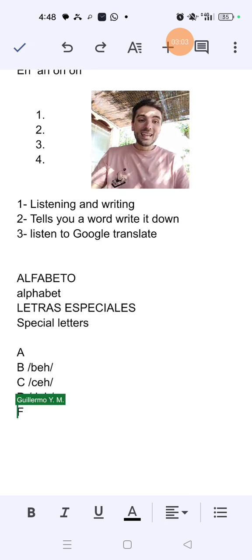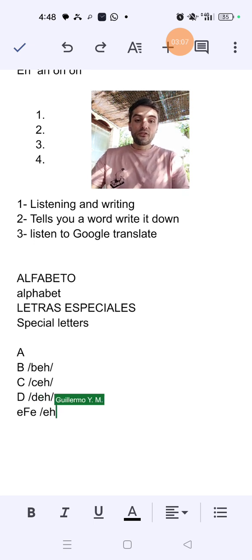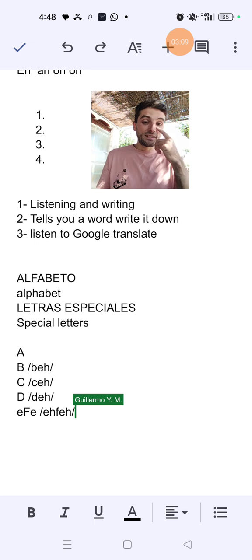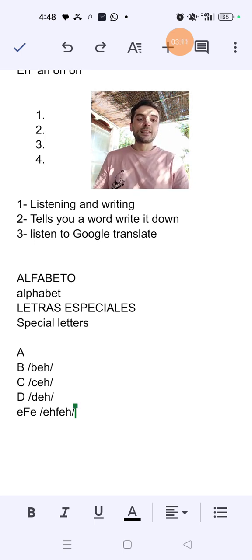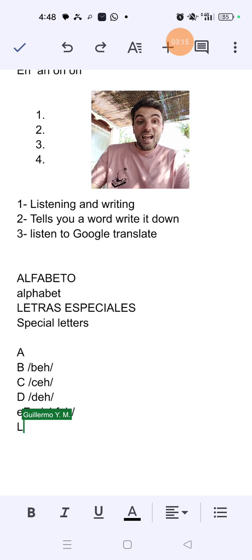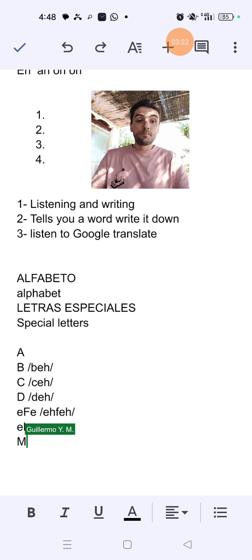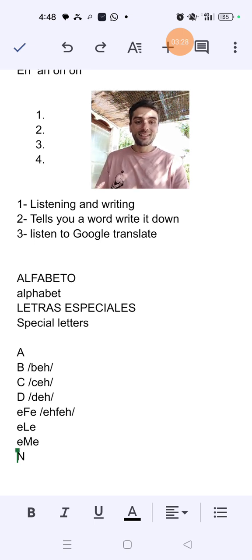So that's the same for F, or for example, L, right? In English you say L, we say L, or the M, or the N. You get the idea, right?